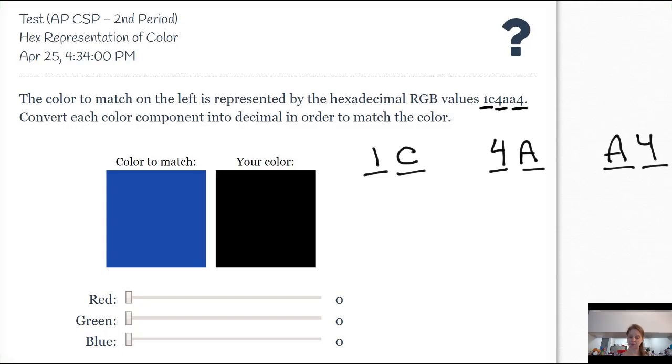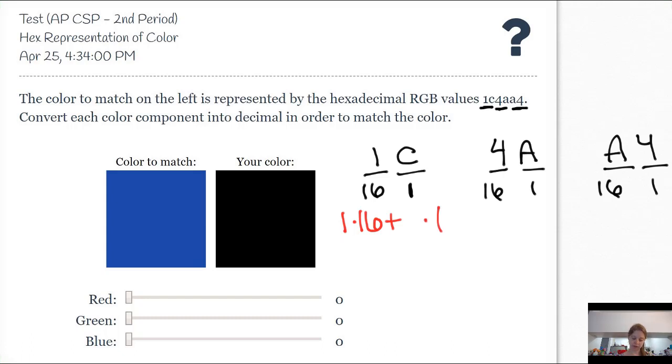This is in hexadecimal, so remember the first place is the ones, and the second place is the 16s place value. So now let's go through. In the red, in the 16s place value, I have a 1. So I'm going to take 1 times 16 plus C times 1. Let me make myself some notes.